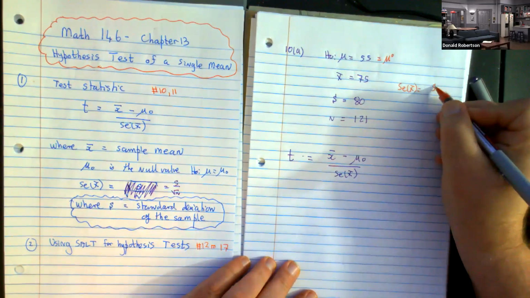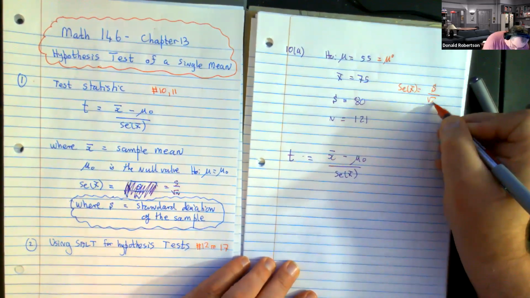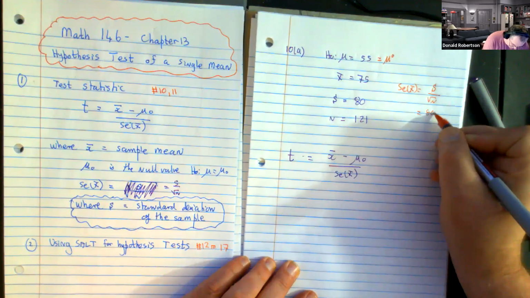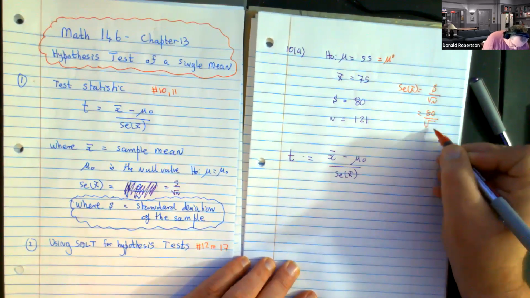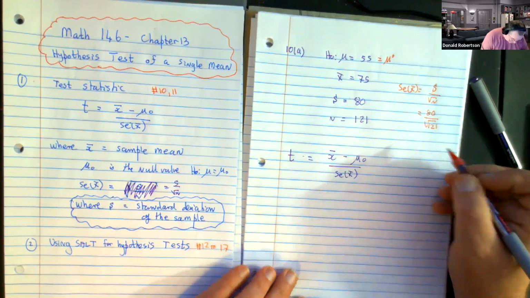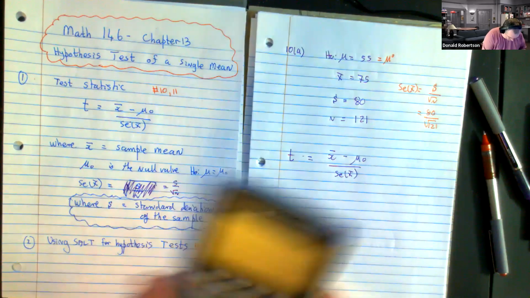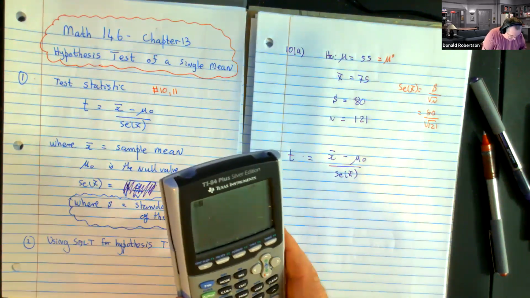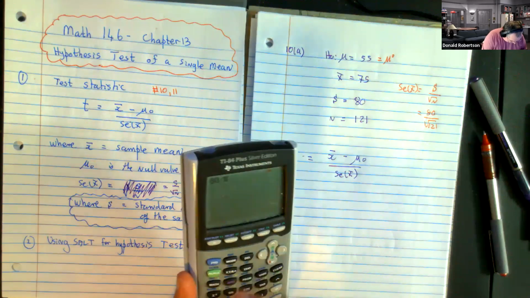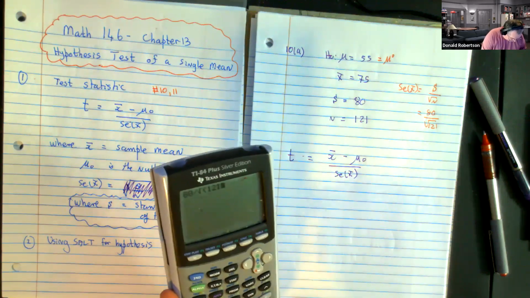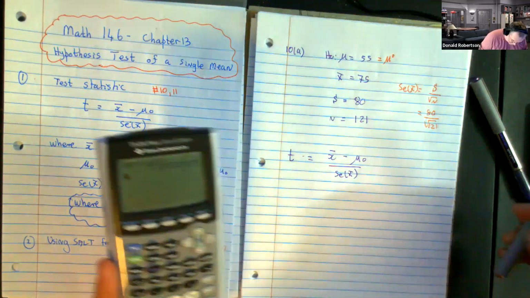It's S over the square root of n. So it's 80 over the square root of 121, which I'm going to turn into a decimal. 80 divided by the square root of 121 is 7.27.